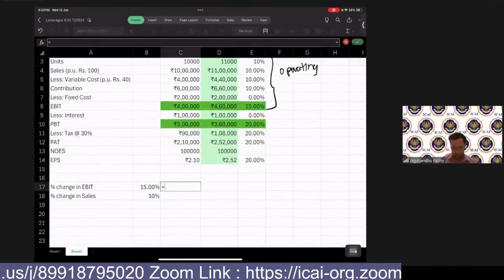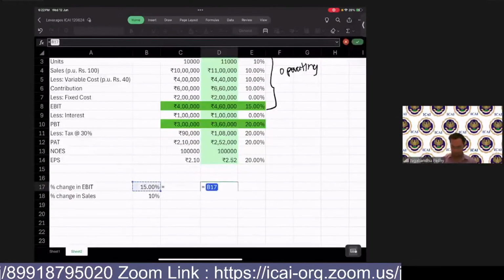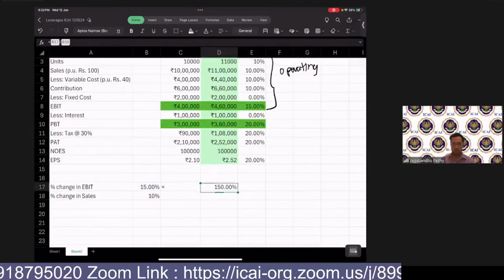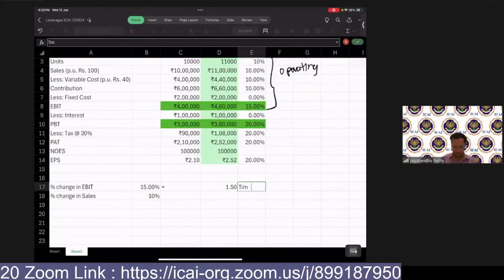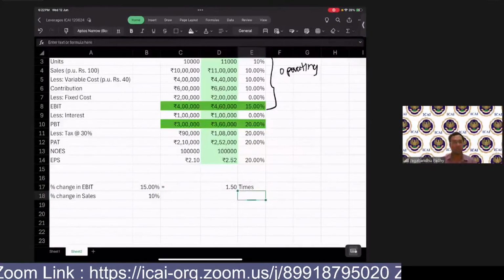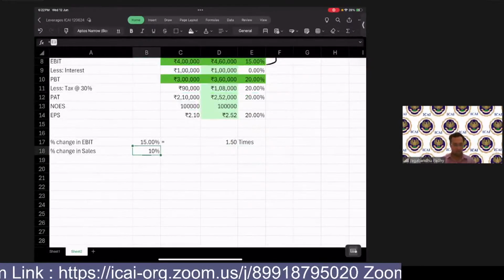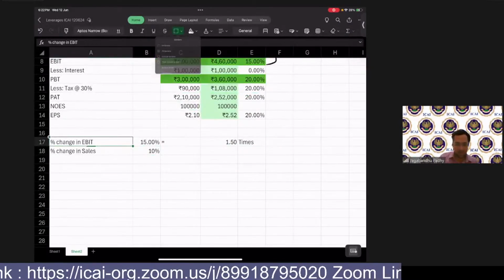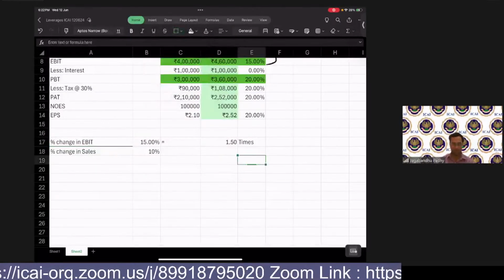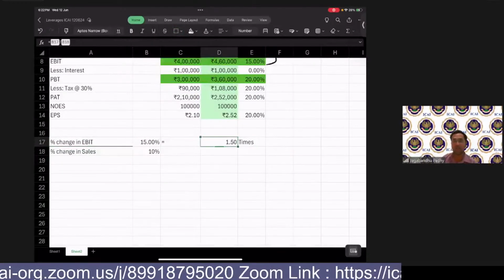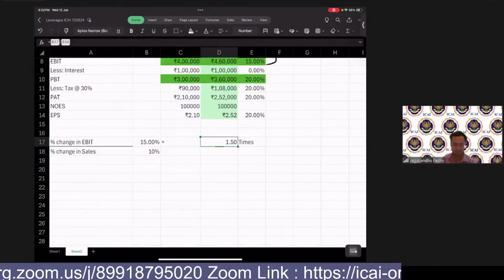Just divide it. That's simply 1.5 times. This 1.5 times is the resultant impact of the leverage that we are talking about.